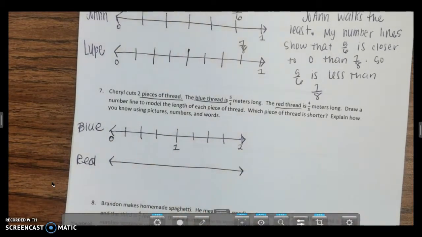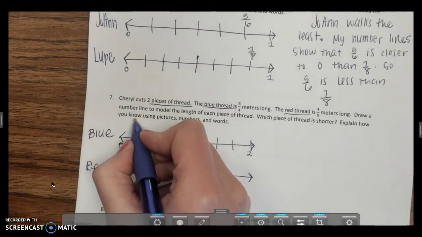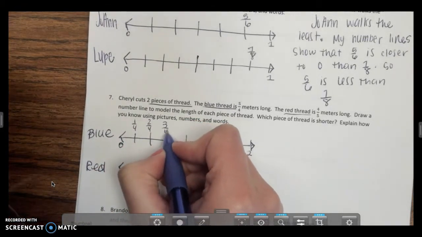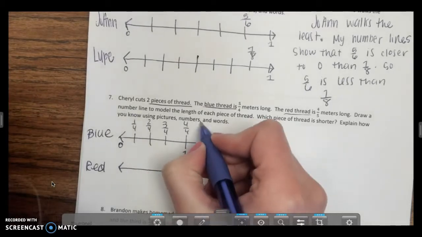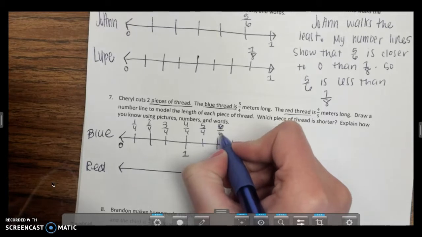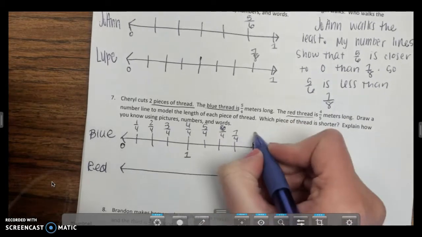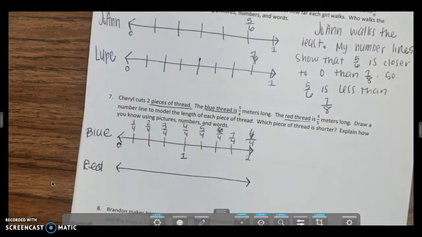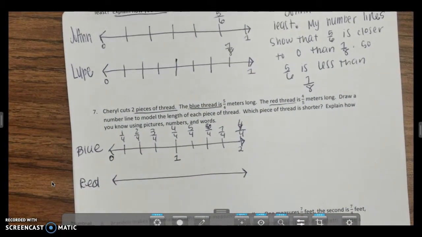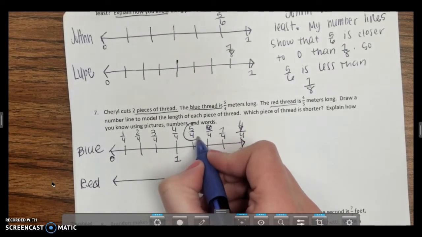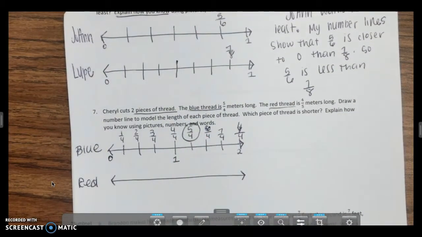So each whole is now split into fourths. I have 1/4, 2/4, 3/4, 4/4, 5/4, 6/4, 7/4, and 8/4. And my blue thread is 5/4 meter long, so it's right there.